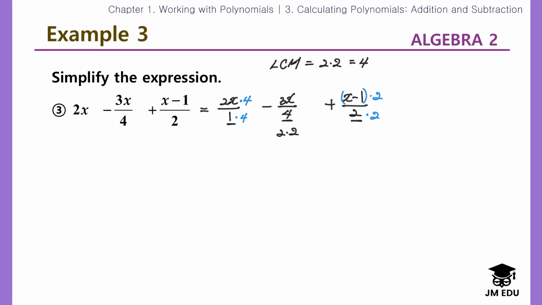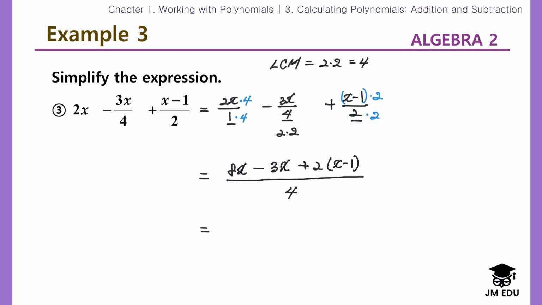So that is equal to 2 times 4, that's 8. So that's 8x. So we have 8x minus 3x plus 2 times (x minus 1) over the common denominator 4, right? So we're going to resolve the parentheses now.